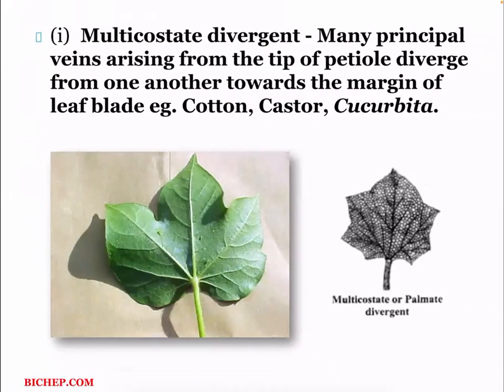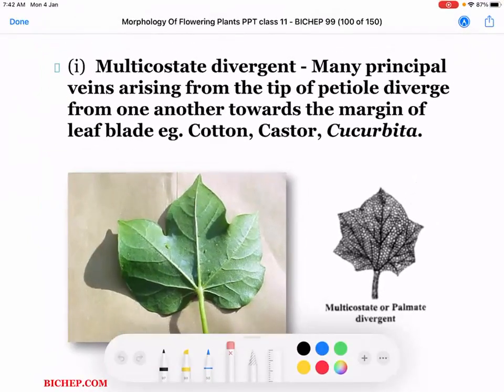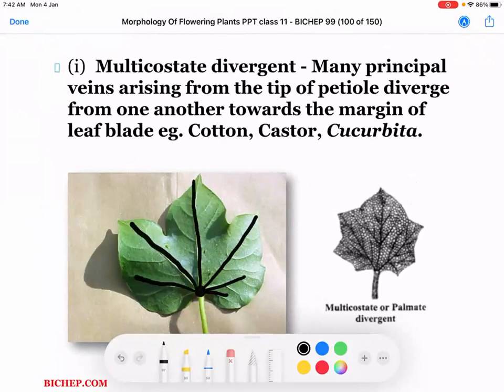Fine. This is the divergent type of multicostate example. This is the tip of the petiole, principal rib number 1, 2, 3, 4, 5, 6, 7, and at the end they are not at all merging.